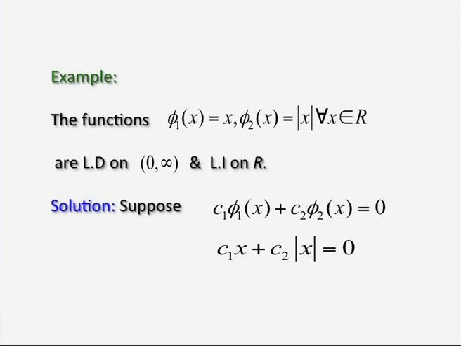Now I will give an example based on linear dependence and linear independence. The functions x, modulus x are linearly dependent on the interval 0, infinity and linearly independent for all x belongs to R. Suppose we know that C1 φ1 plus C2 φ2 is equal to 0.